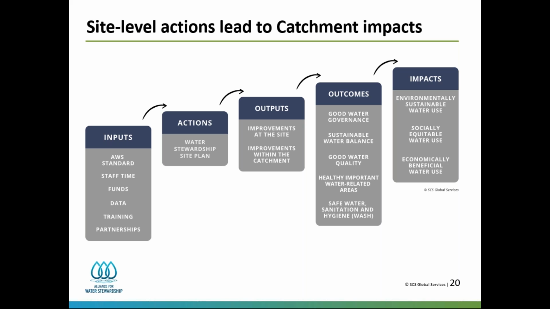It's important to understand at the input stage what is required, so you have sufficient resources and staffing, and then just to recognize that the water stewardship plan is what drives the progress, and you're able to modify the stewardship plan throughout the implementation and lead towards greater catchment impacts. These ideas are being reevaluated within AWS, and they are finalizing their documentation on theory of change.